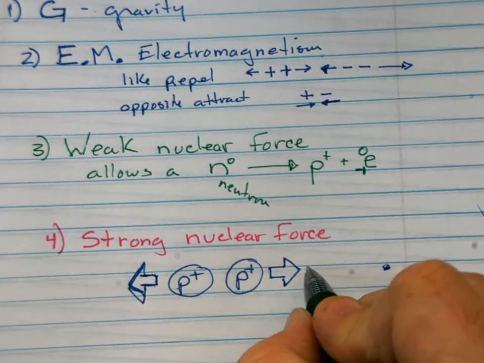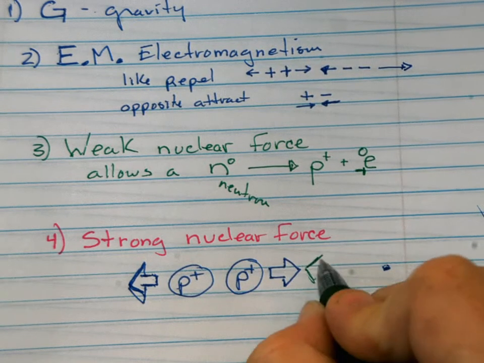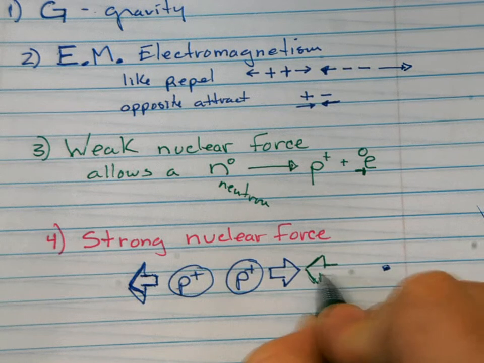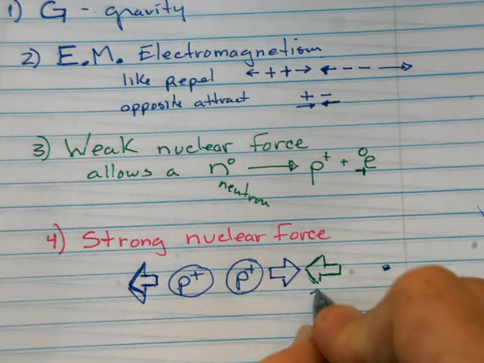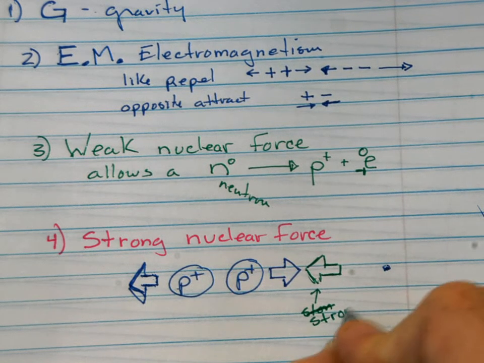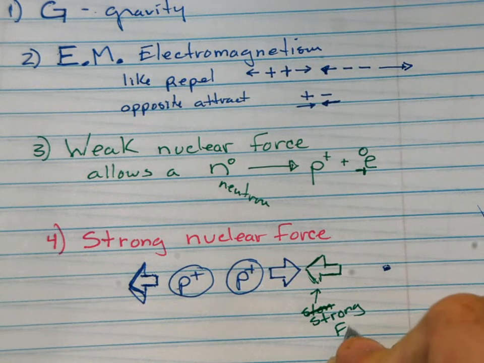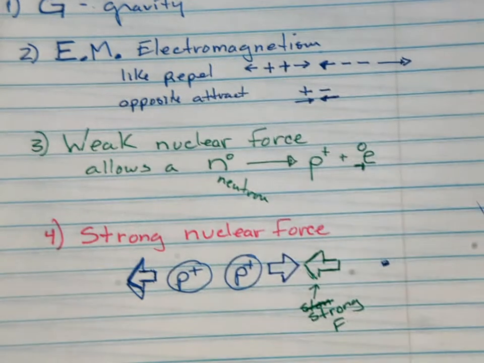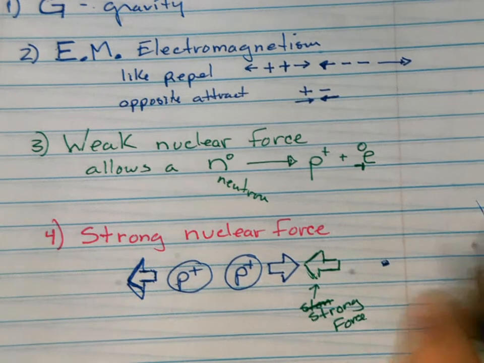So now we're going to draw two arrows here. This arrow here, we're going to label the strong force, S-T-R-O-N-G. It must be a very strong force. I'll just leave force, pushing this way.